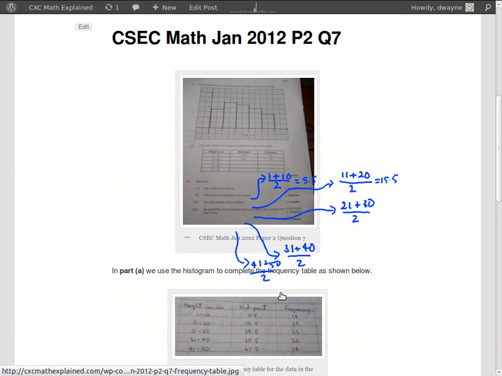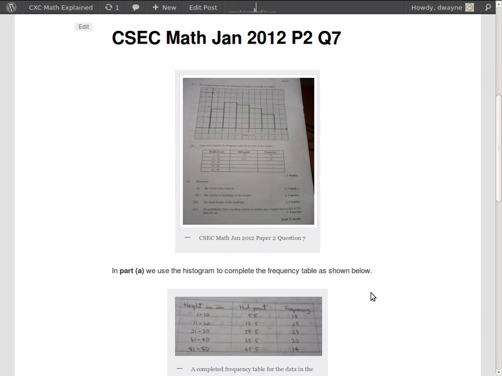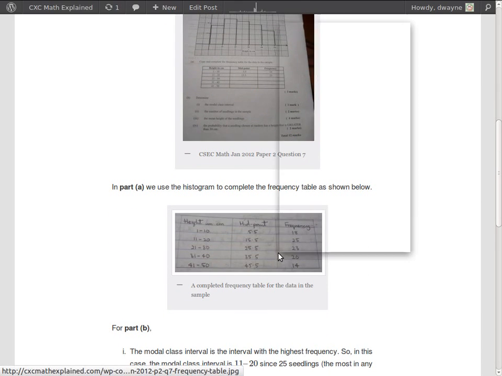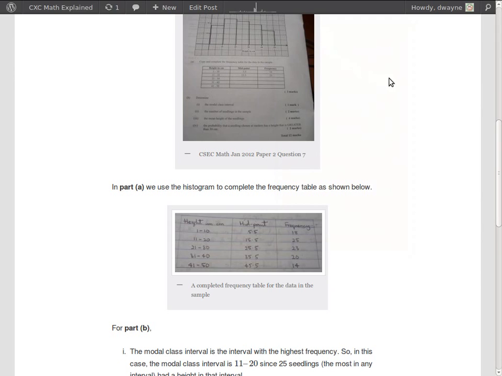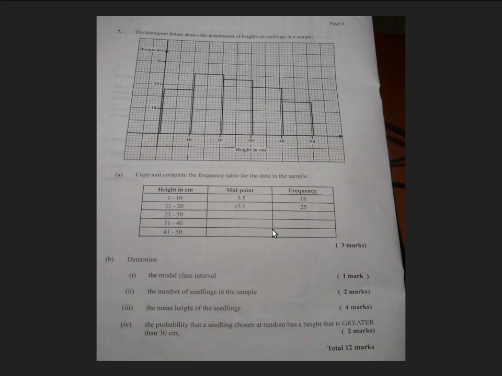When we do those calculations, we get these values here. So 21 plus 30 divided by 2 gives us 25.5. 31 plus 40 divided by 2 gives us 35.5. And 41 plus 50 divided by 2 gives us 45.5 as the midpoints for those intervals.